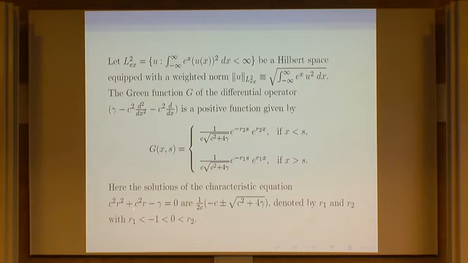I call them R1 and R2. So when you use the ansatz proposed by Heinz, you can study the functional on the same weighted space. The weight is e to the x instead of e to the cx.